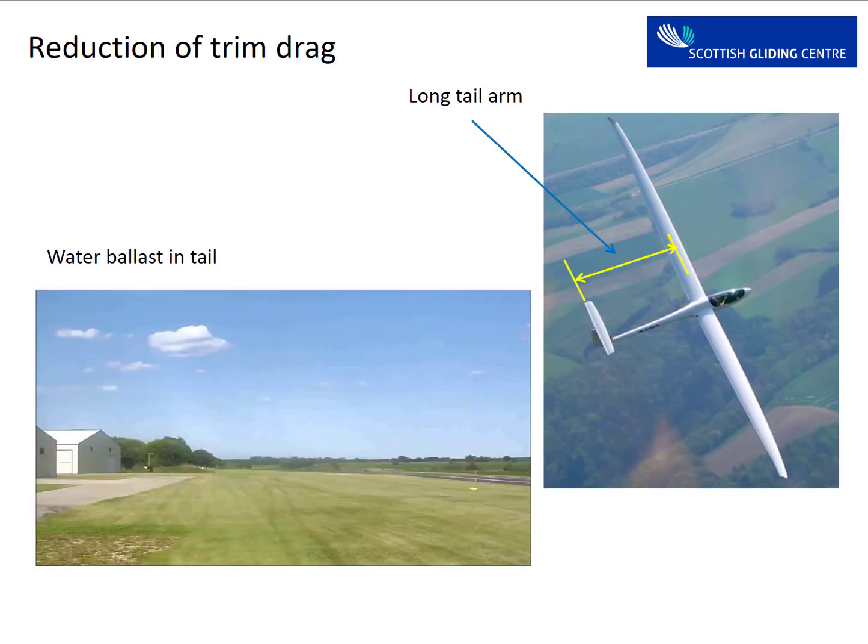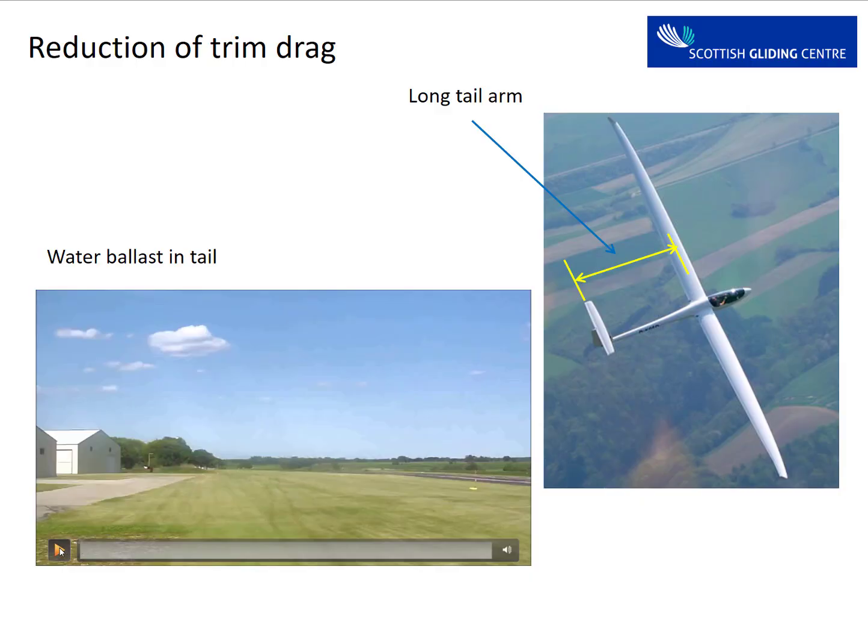Now how do we reduce trim drag? Well, one thing we do is we have a long tail arm. A moment is a force times a distance, and therefore we can reduce the force required on the tail plane by having a large distance over which that force acts. And so if you look at modern gliders, they have a very small tail plane compared to the gliders from the 1950s and 60s.